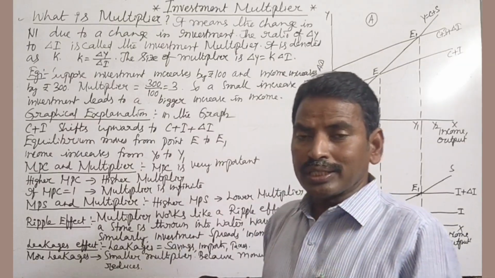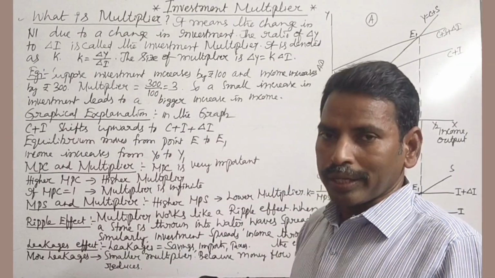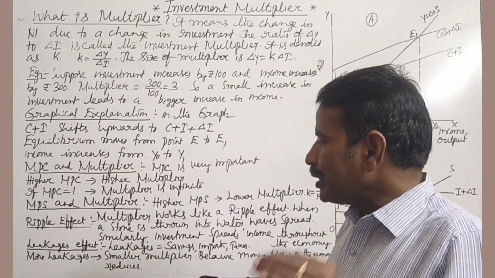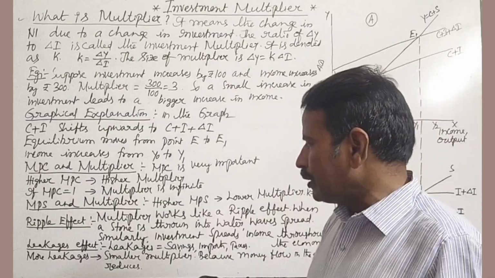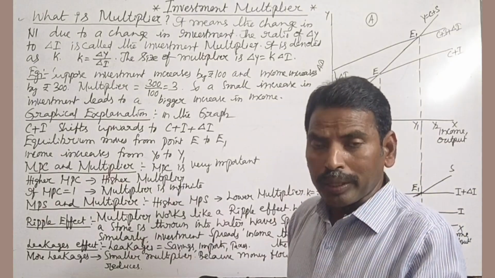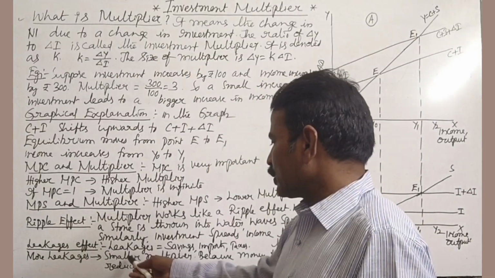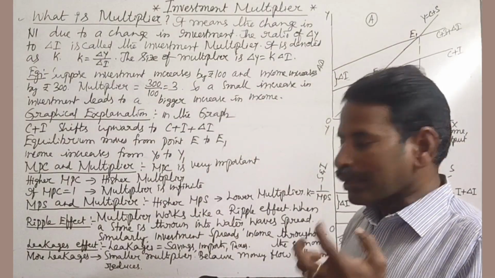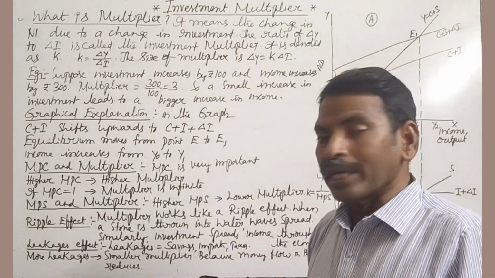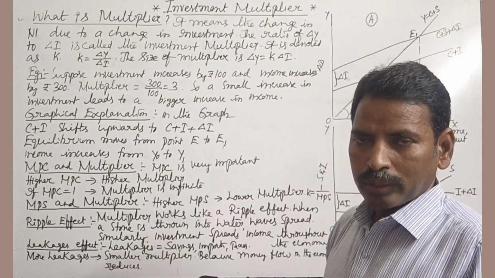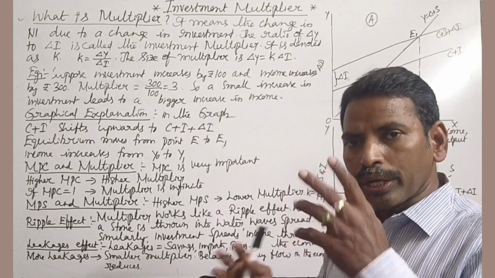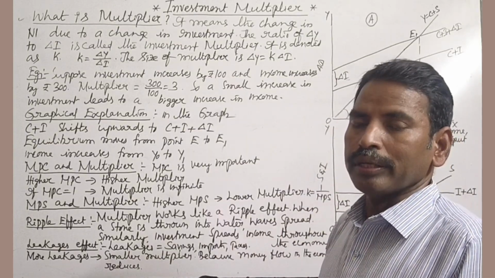If the leakages are more, the multiplier is less. There is an inverse relationship between leakages and multiplier also. So more leakages, smaller multiplier, because money flow in the economy reduces.